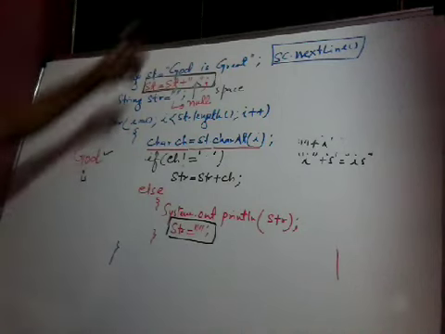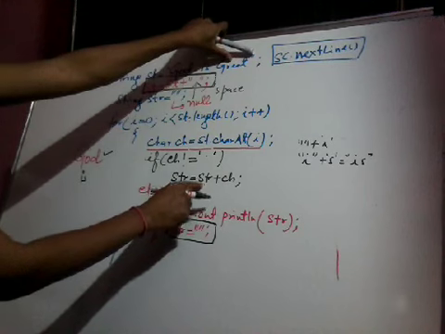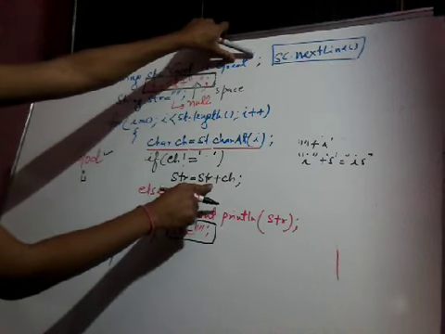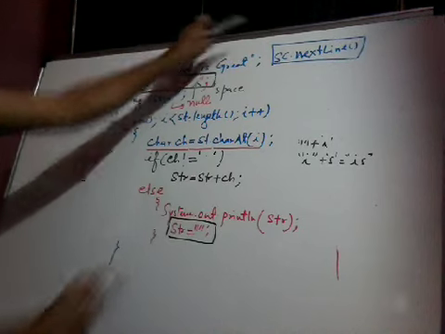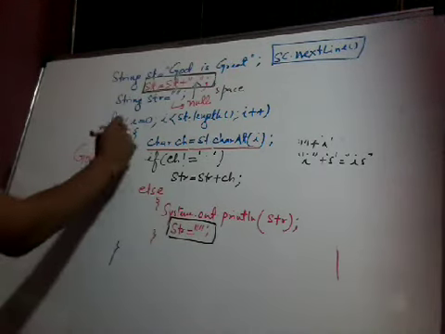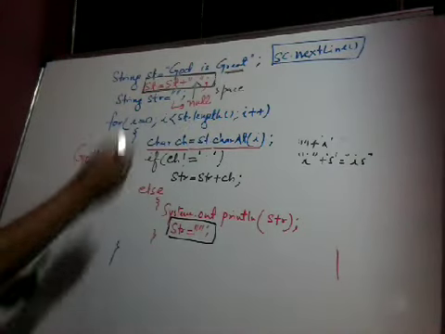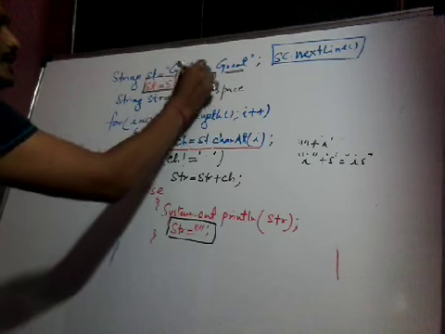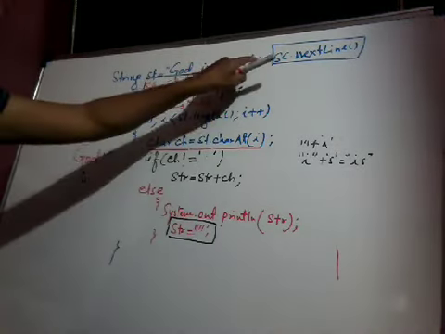Again it will go there. It will extract G, condition true. Then R, condition true. GR. Then GRE. Then GREA. Then GREAT. Now again it will go there. To extract the last word, we put a space here, after st, that means after great there is a space.